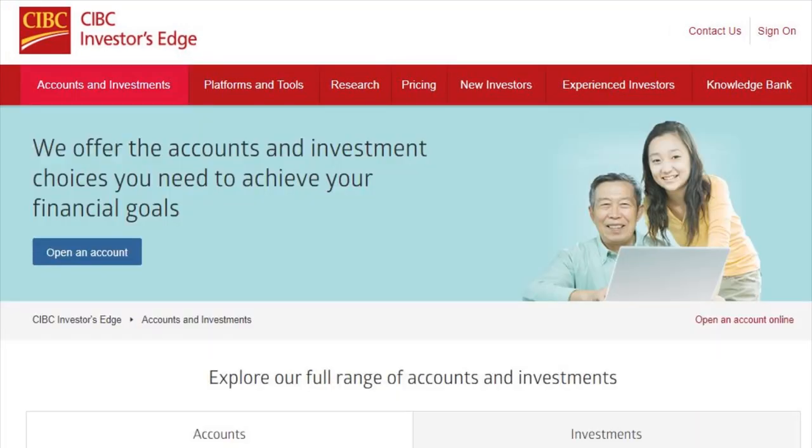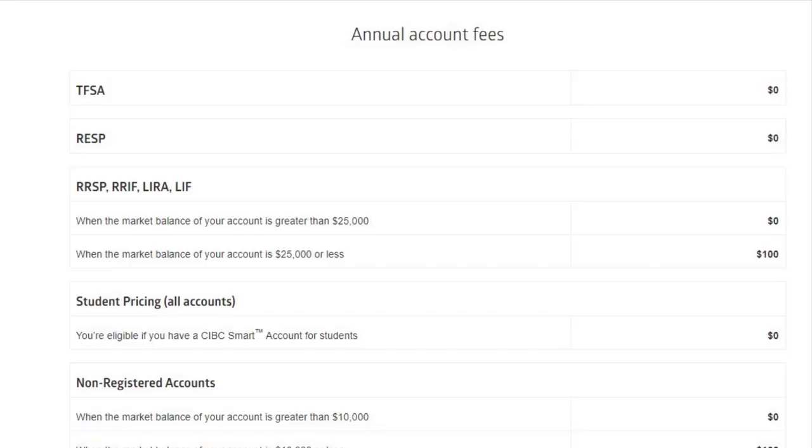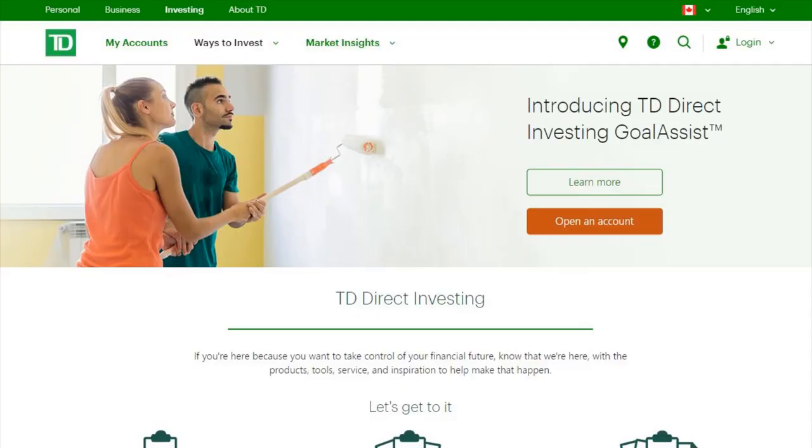So that gives you an advantage because you get to collect interest from your savings account, but also be ready to buy a stock right away instead of having the cash sitting in your trading account without collecting interest.